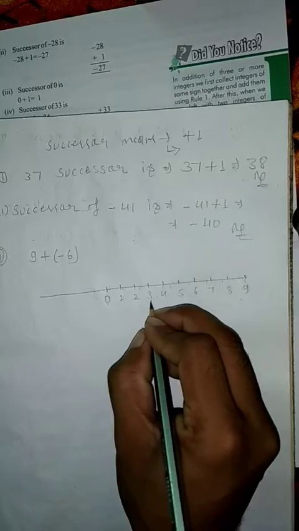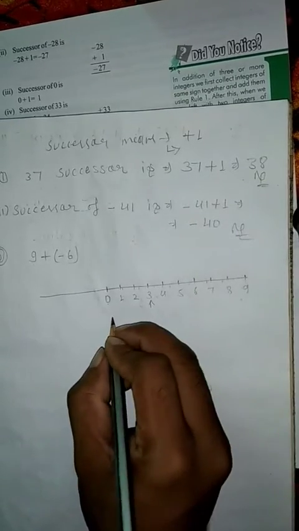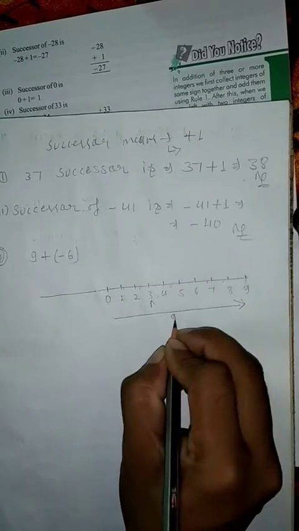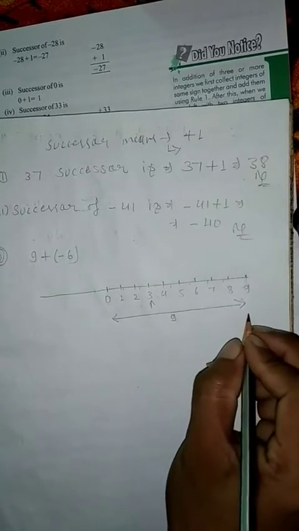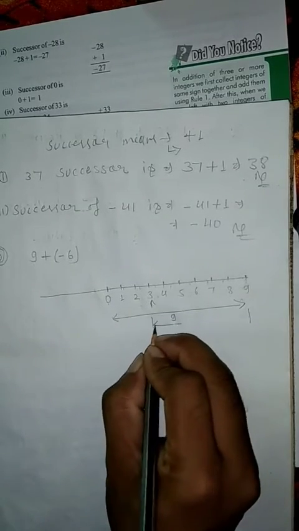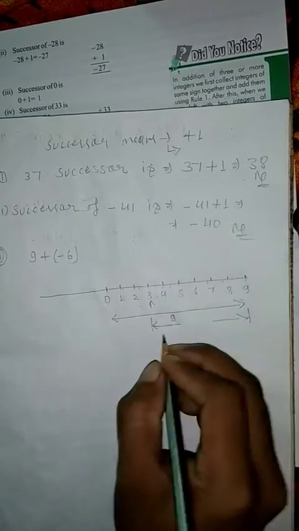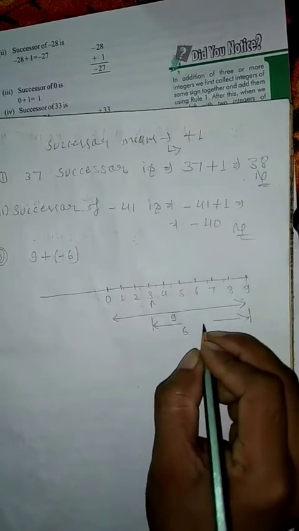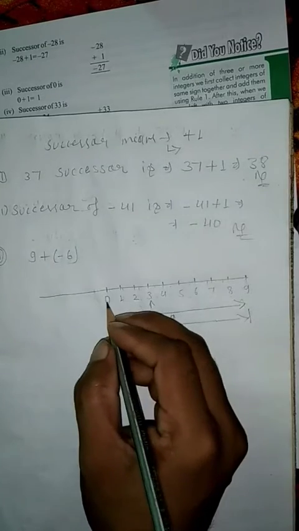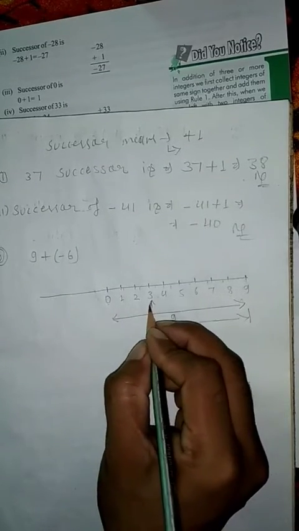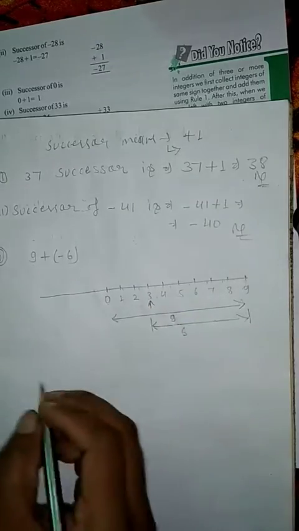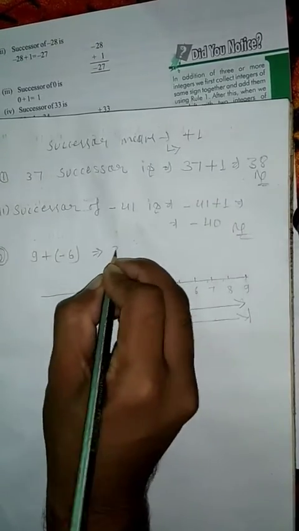This is the 6th step. This is the 9, and then this is the 6th step, so we write 6. Then we count the position from the origin to this point: 1 2 3. So what is the value given? 3. So here the answer is 3.